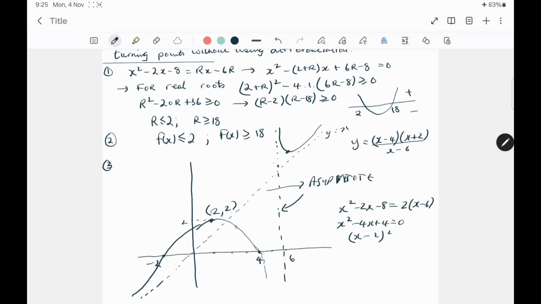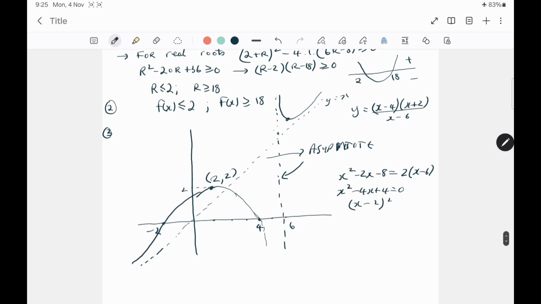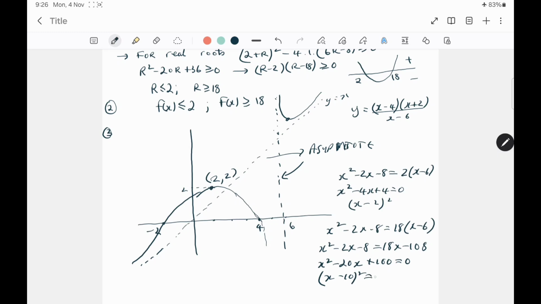And as for the other one, you have x² - 2x - 8 = 18(x - 6), which gives us x² - 2x - 8 = 18x - 108, which comes down to x² - 20x + 100 = 0, and then (x - 10)² is 0.